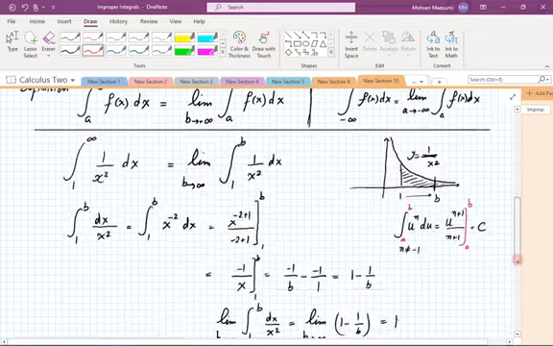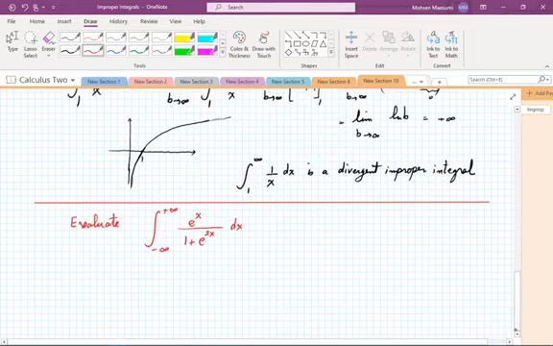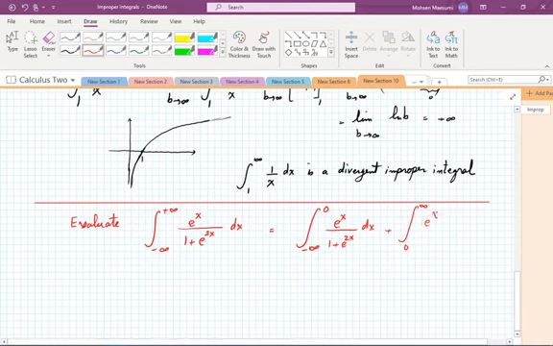In this situation, with a symmetric picture like this, we might as well split it at 0. We could have chosen anything, but here is one way to go about it: the integral of e to the x over 1 plus e to the 2x dx, and 0 to infinity of exponential of x over 1 plus e to the 2x dx.